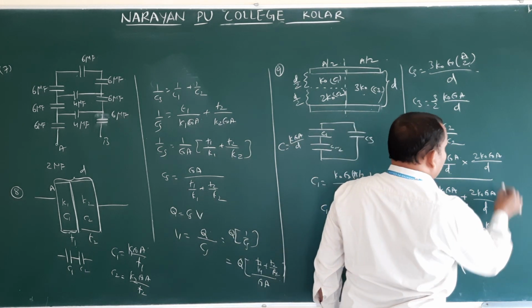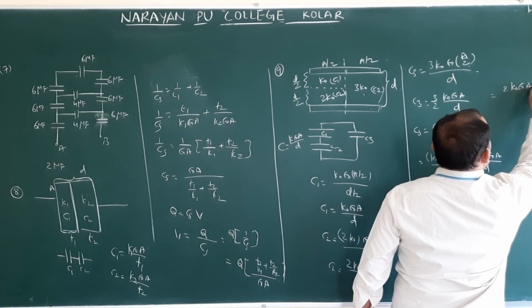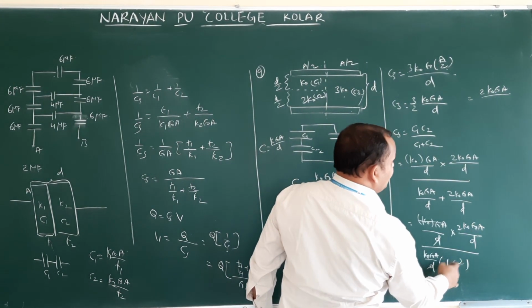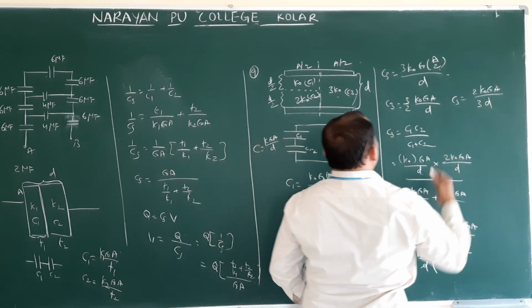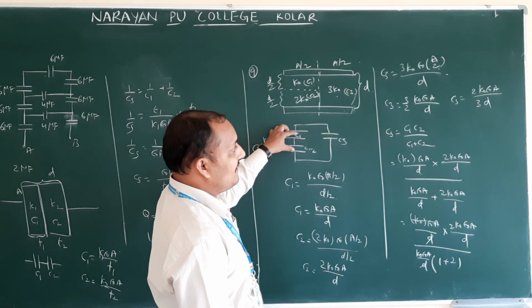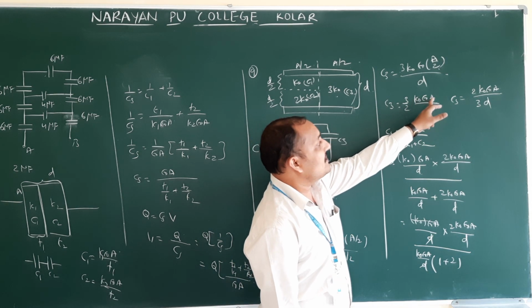Therefore, in place of this, how much did you get? 2K0 epsilon naught A by denominator 2 plus 1, 3D. This is CS. So in place of these two you got that value, 2 by 3 K0 epsilon naught A by D. Now C3 value is 3 by 2 K0 epsilon naught A by D.